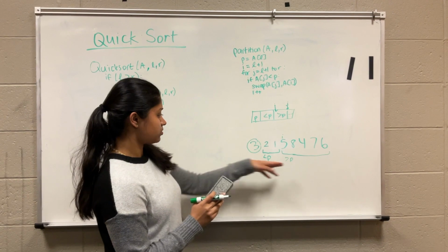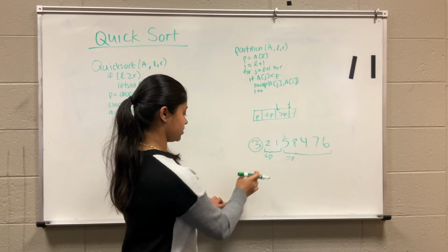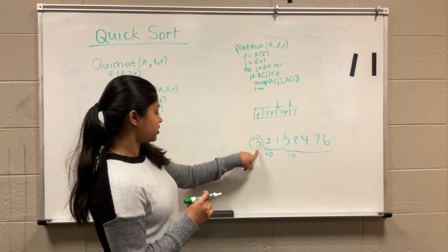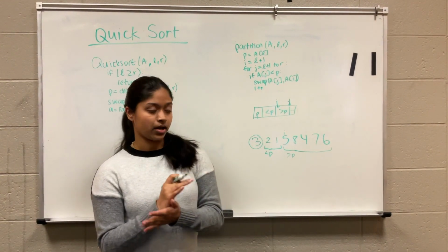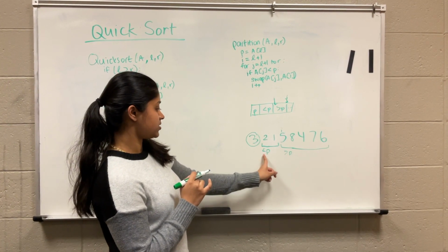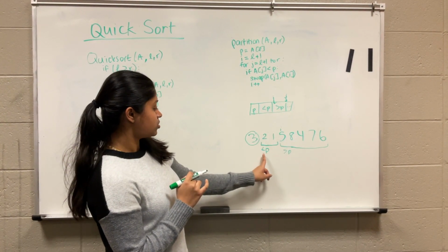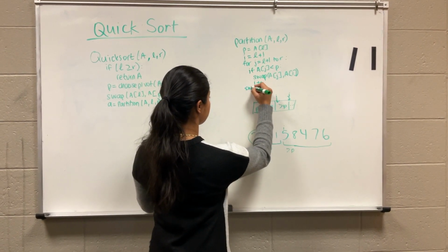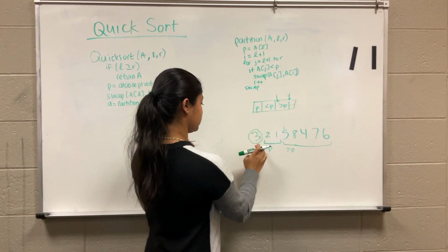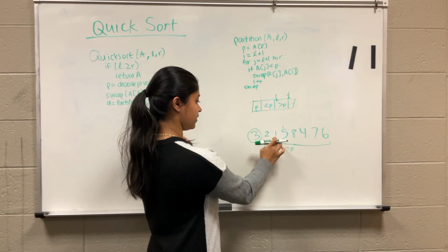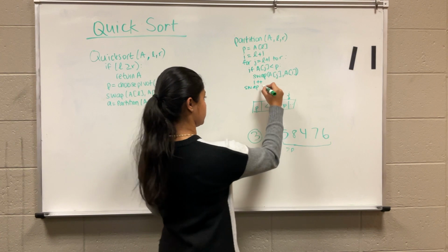So after it goes through all of this, and it has these basic categories right here, we need to make sure that the pivot is in its right spot. So the 3 is supposed to go between the less than p and the greater than p section. So what we're going to do after this for loop is swap the element in the first position of the array, and this one right here, which is I minus 1.